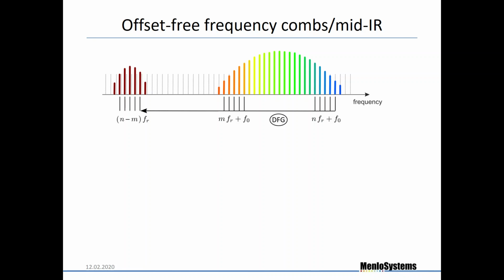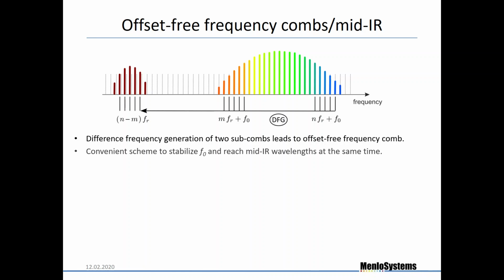And it is worth remembering that frequency doubling and sum frequency generation double the offset frequency, but difference frequency generation cancels the offset frequency. And for this, you don't need an octave spanning spectrum. And in fact, if your spectrum is not that broad, this is a very convenient way of reaching very long wavelengths, of reaching mid-infrared wavelengths and stabilizing the offset frequency at the same time.